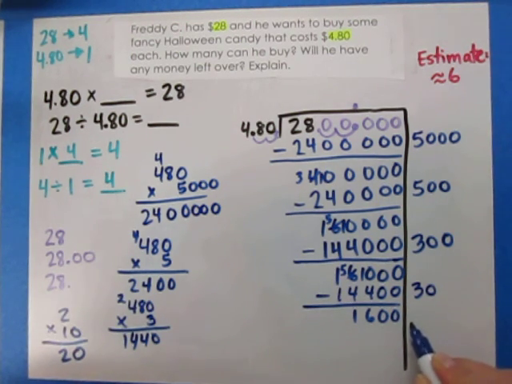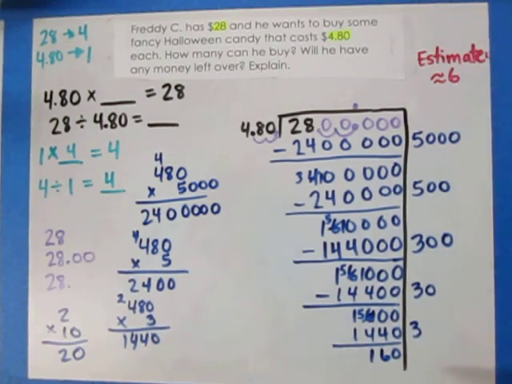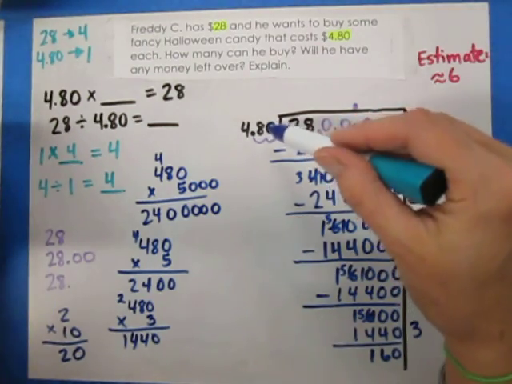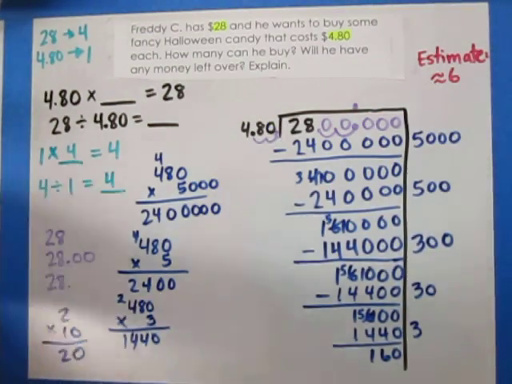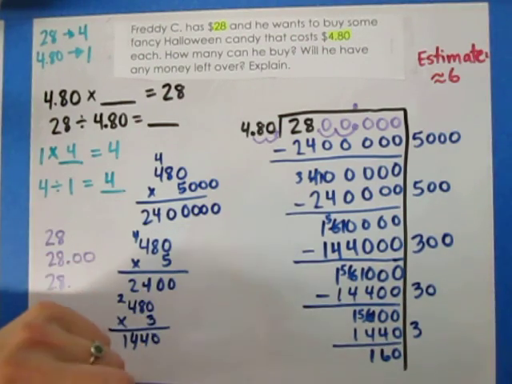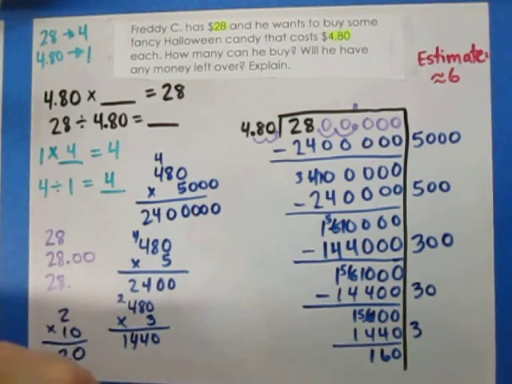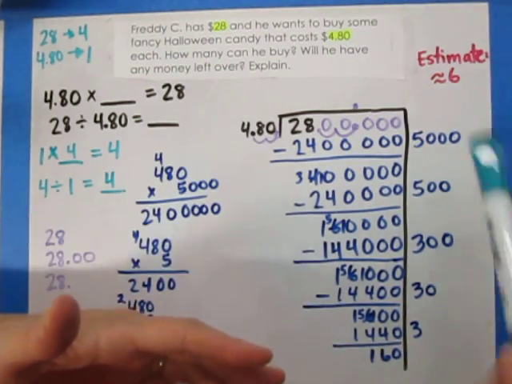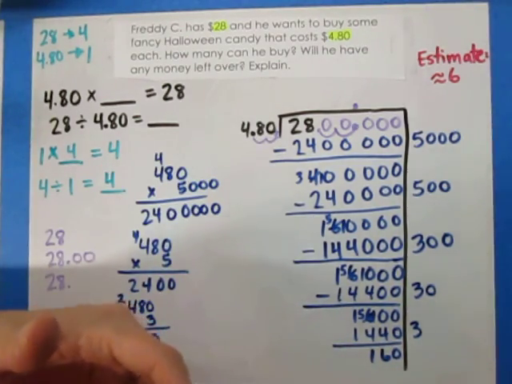Now I just do 3, and then I'm going to end up with, all right, so now I have 160 left, and 160 is smaller than my divisor, once I move the decimal, of course. So now I can stop. I know that when my leftover is smaller than my divisor, it's not going to fit in any more times. So I can stop and I can add all of these up.